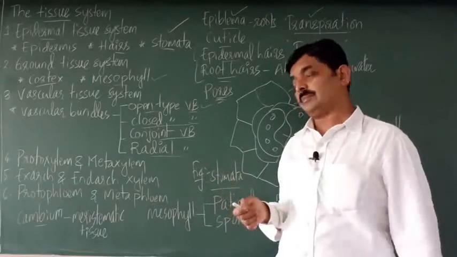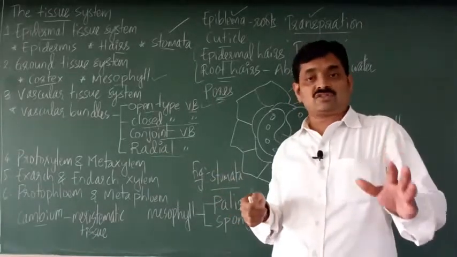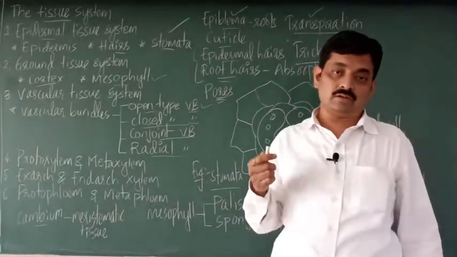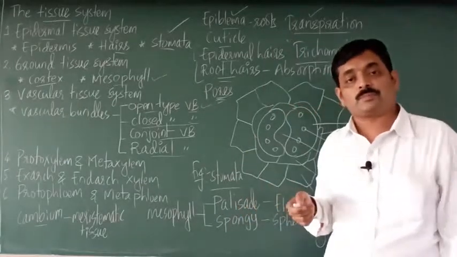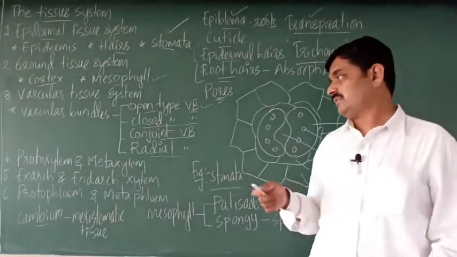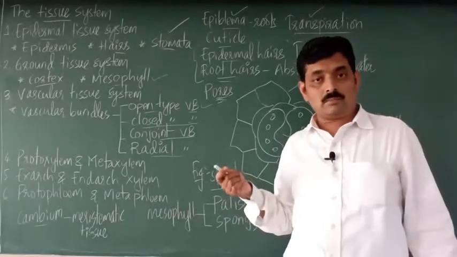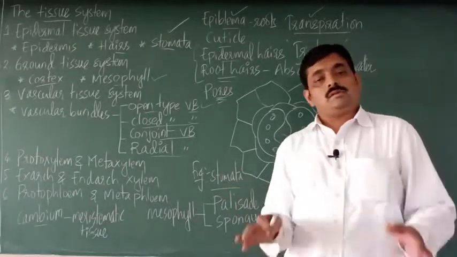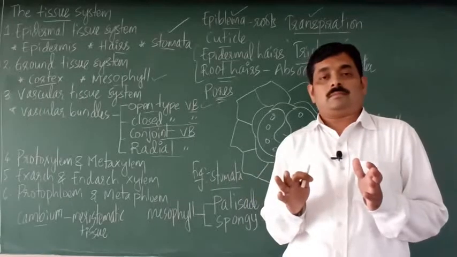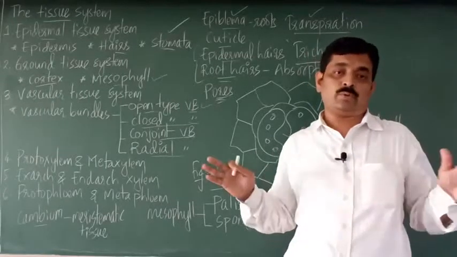Then radial vascular bundles. Radial vascular bundles are mainly found in roots. Right? In roots you find radial vascular tissues or radial vascular bundles. So here the phloem and xylem are totally separate.